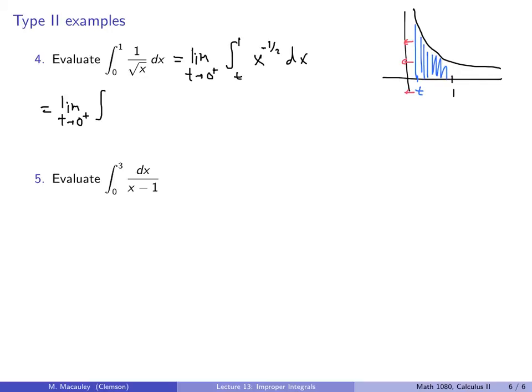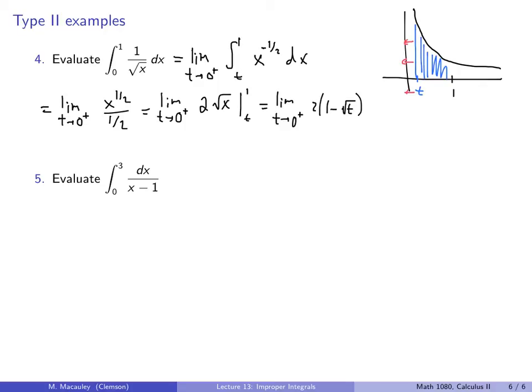I don't need the integral anymore. I know how to do this. So this is x to the positive 1/2, over positive 1/2. And now I like to go back into square root form. So the limit of 2 square root of x from t to 1, which is the limit as t goes to 0 from the right of 2 times (1 minus root t).